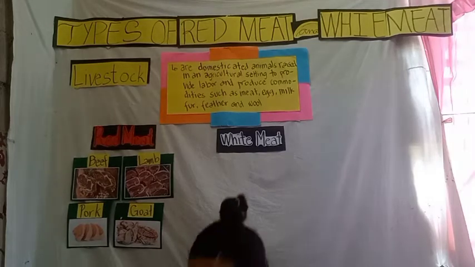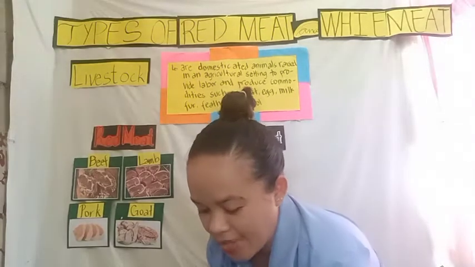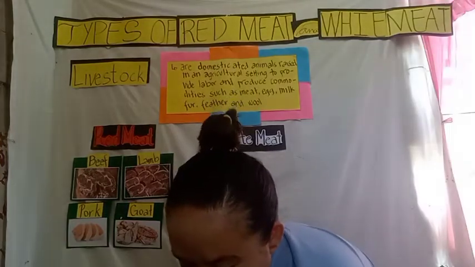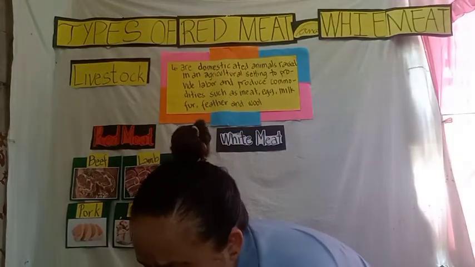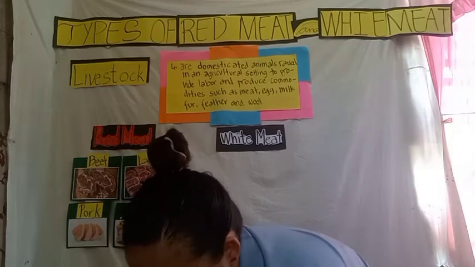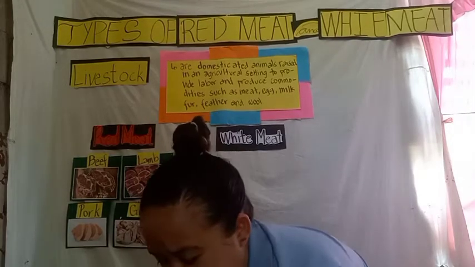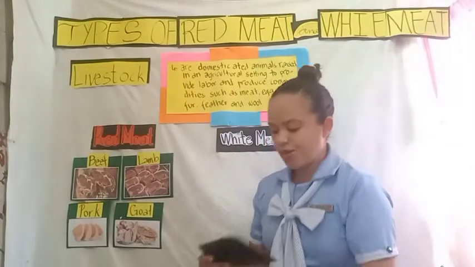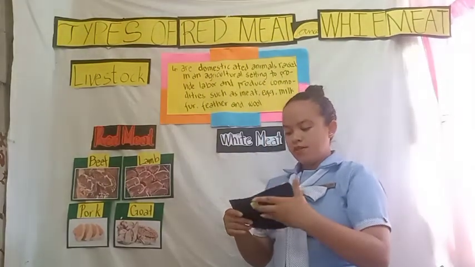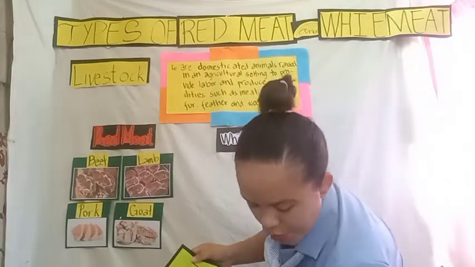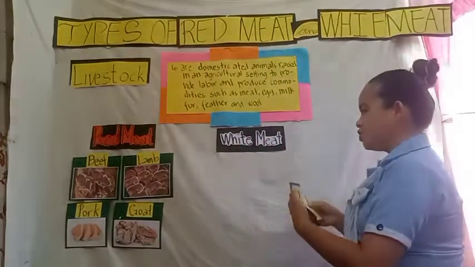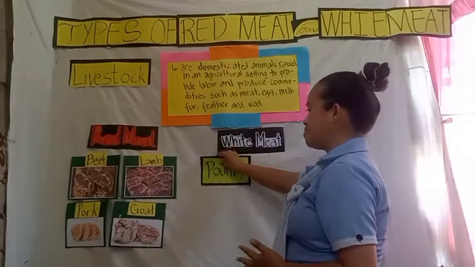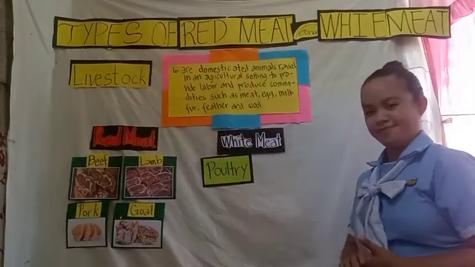Okay. So the white meat has two categories or two types. The first one is the poultry animals. So what are these poultry animals that belong to the white meat?